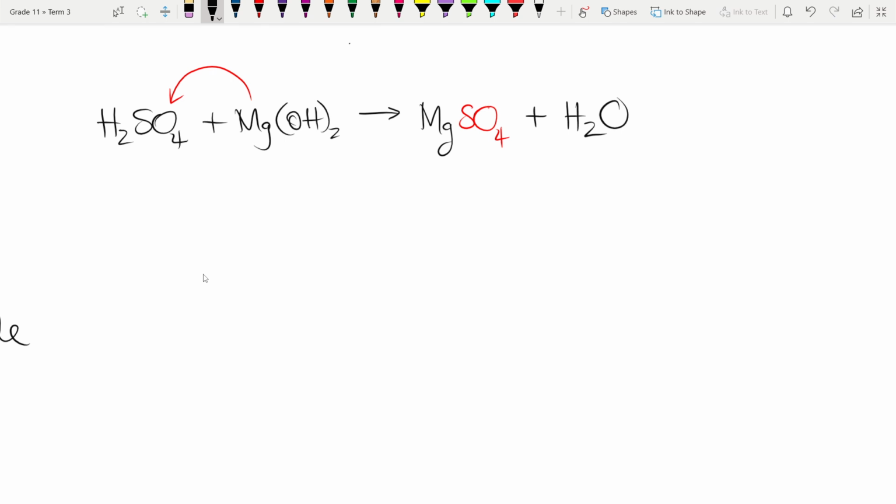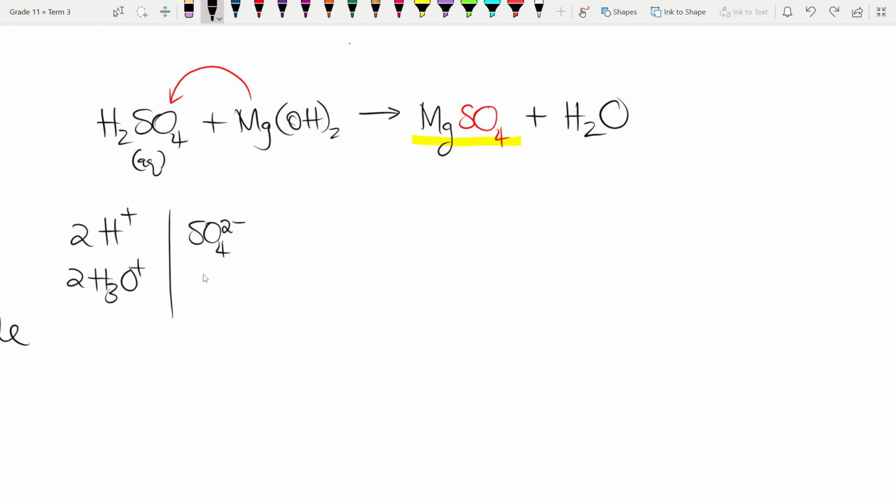Okay, so at the end of the day, you see that the Mg has just taken the SO4 ions from the H2SO4. Why? Because H2SO4 in solution, if it's aqueous, and that's always the case, is basically just two H pluses, or you can think of this as two H3O pluses and SO4 2 minus that is just floating around.